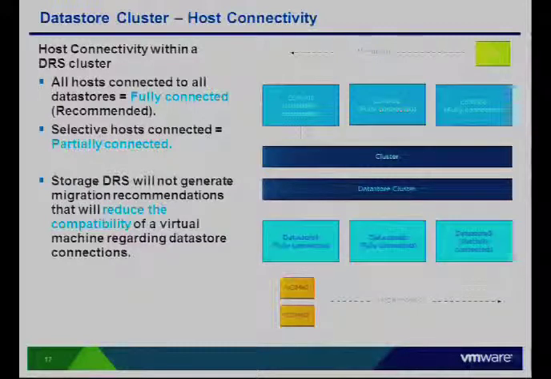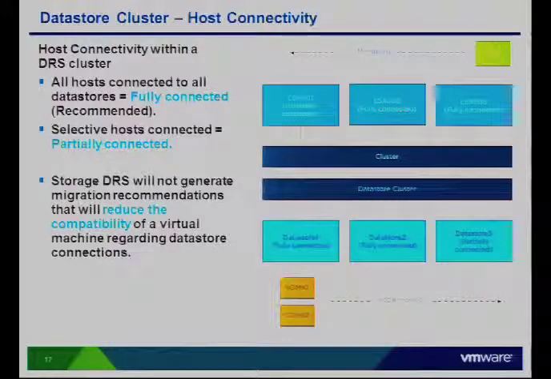If a virtual machine is placed into a data store that's partially connected, and you're just moving that data store into your data store cluster, that's perfectly normal. You can always move a data store with existing virtual machines into your data store cluster. You do not have to empty it out before moving it in, right?